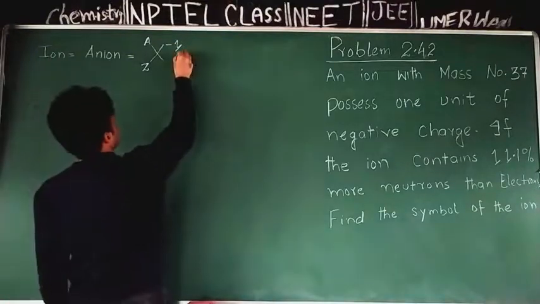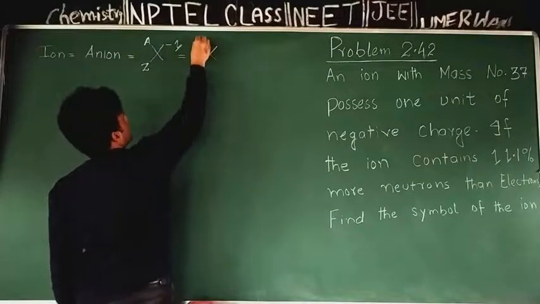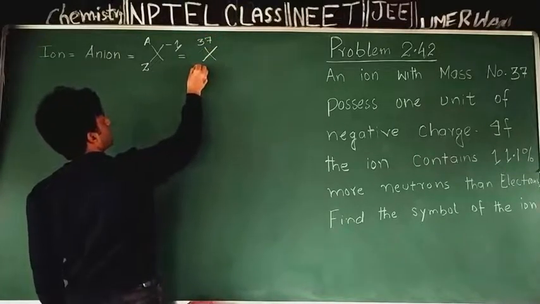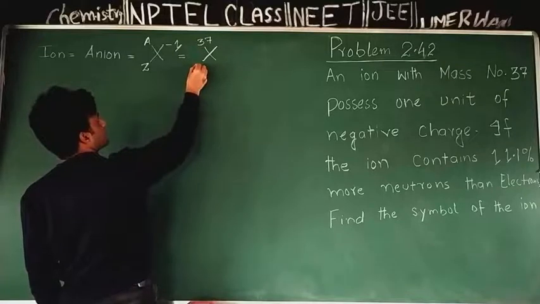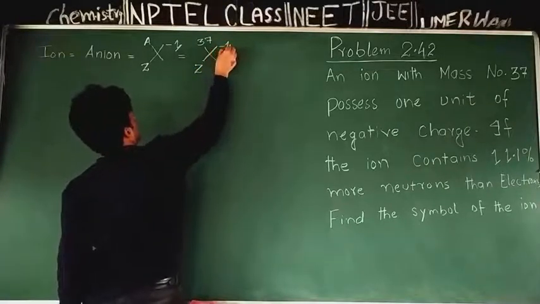Now from the question, the mass number is given, equal to 37. The atomic number, which gives the number of protons, I don't know. Z I don't know, and the charge on this anion is -1.